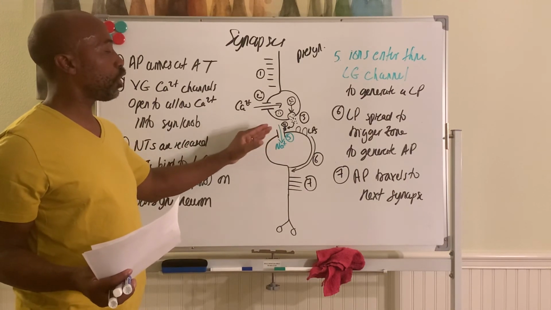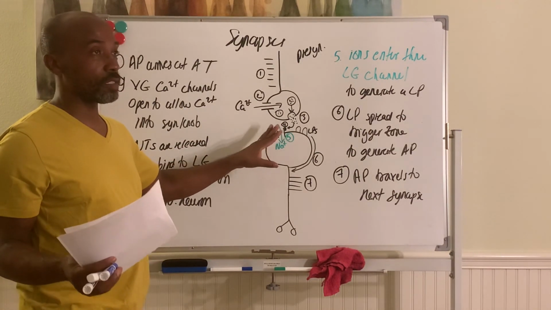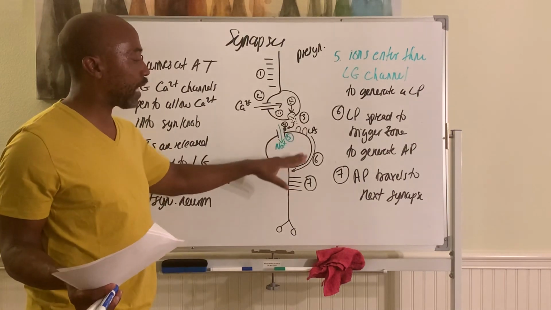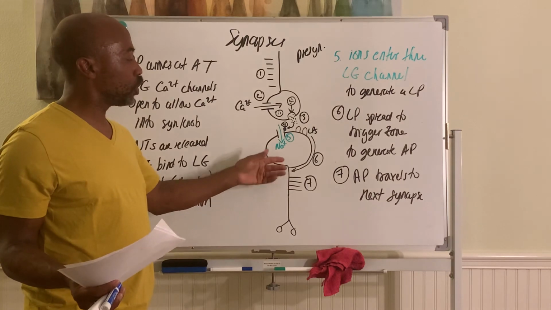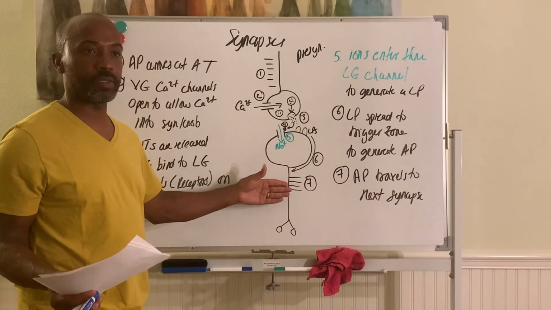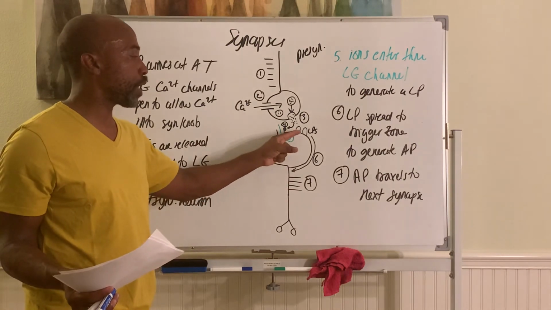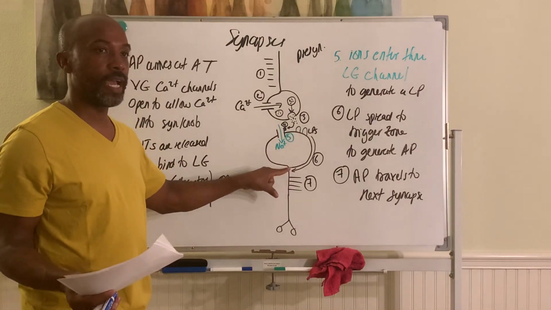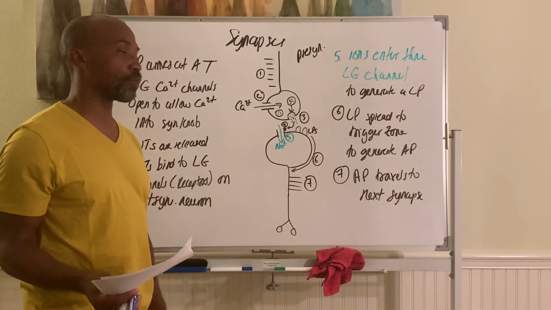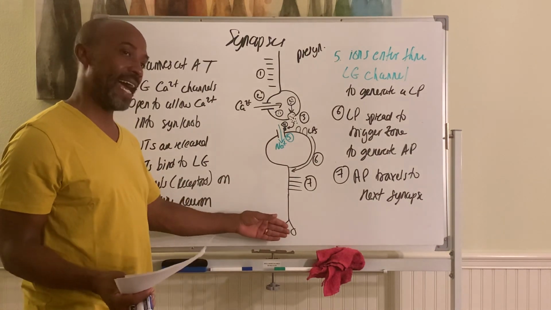Then that local potential will, sometimes, add up, summate, to bring this neuron to threshold to fire its own action potential. Because once the local potential is spread enough to get to the trigger zone and bring that trigger zone to threshold, then it will fire, and then the process will repeat itself at the next junction.